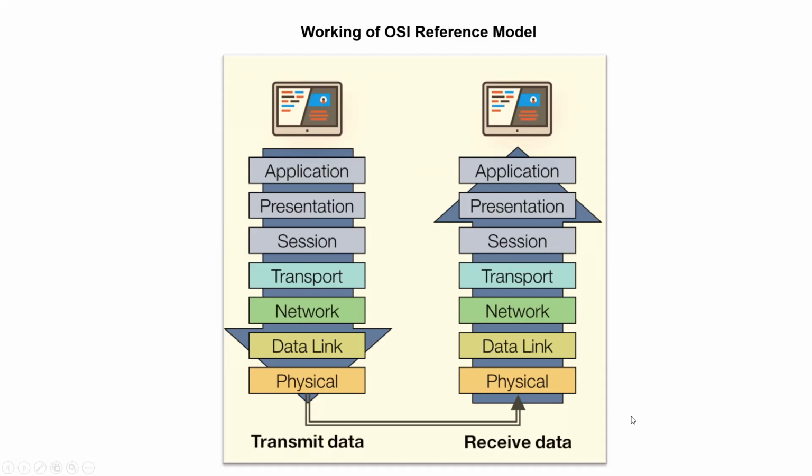And for the physical layer, again we use Ethernet, then USB, and Bluetooth. So these are the protocols, Ethernet, USB, Bluetooth, for the physical layer.